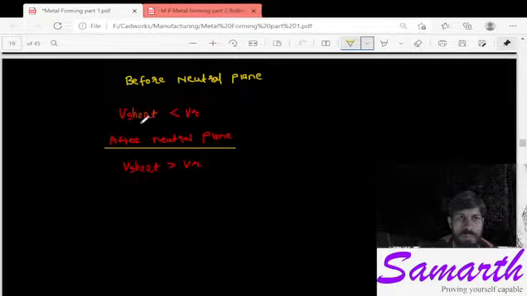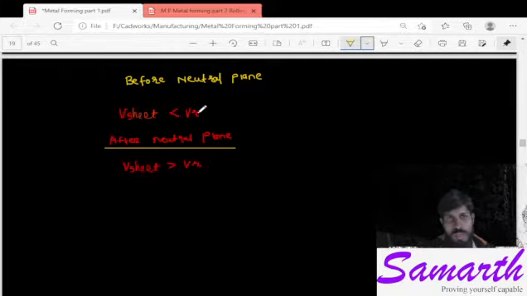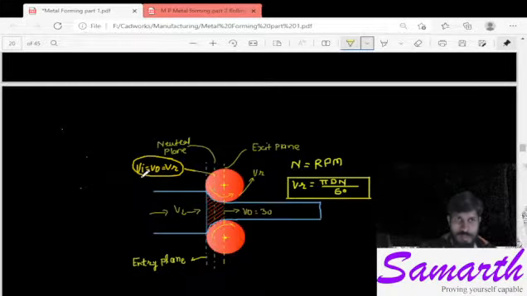In comparison to these two, we will derive equations to get the values of percentage slip. The velocity of the sheet is lesser than the velocity of the roller before the neutral plane, as I have told. It is written over here. Again, after the neutral plane the velocity of the sheet will be greater than the velocity of the roller.